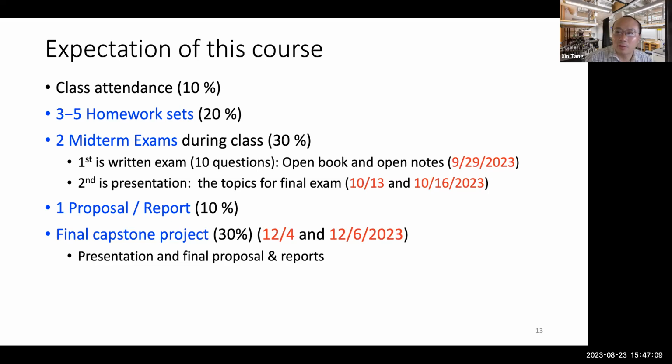You can form a group with several classmates to tackle one question you have a common interest in, or you can do it individually. That's also fine. Okay, so you pick the topic, and then in this presentation, you present the clear goal of your study. What do you want to learn better about that topic?